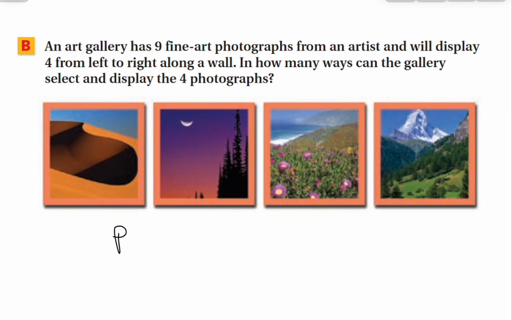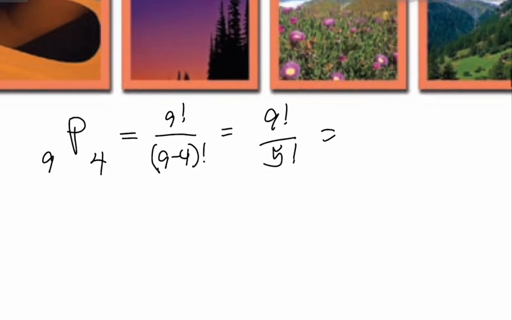So mathematically, we have 9 to pick from, and we are picking 4. That's the permutation. So that is going to be 9 factorial over 9 minus 4 factorial, or 9 factorial over 5 factorial. Mathematically, let's think about what we have to do.